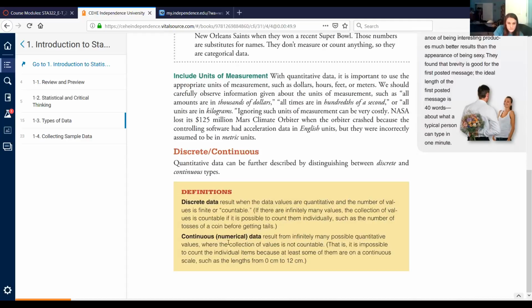Then we have continuous data, continuous numerical data. Infinitely many possible quantitative values. And that is things like birth weight of babies.